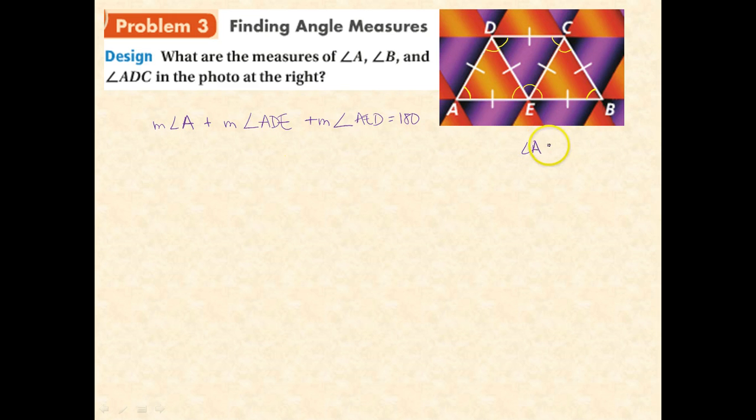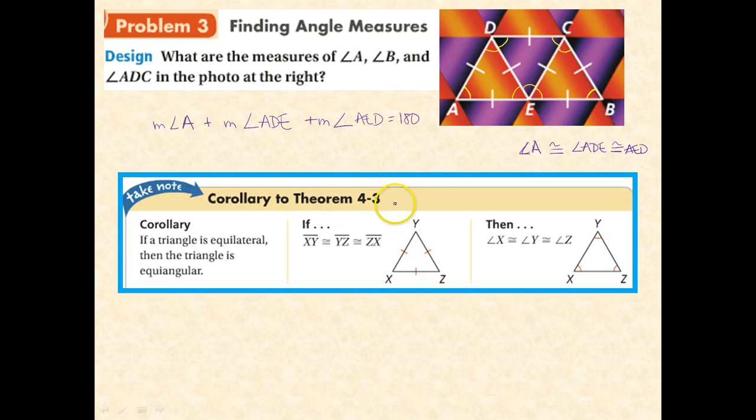I know that angle A is congruent to angle ADE, and that is congruent to angle AED. That is by the corollary to theorem 4.3, because equilateral triangles are equiangular as well.